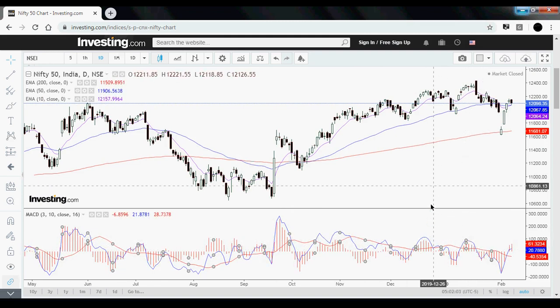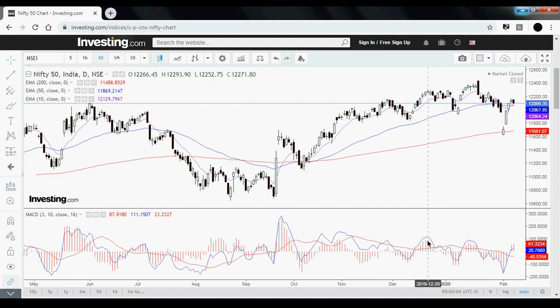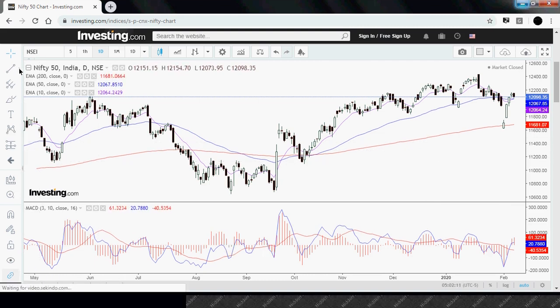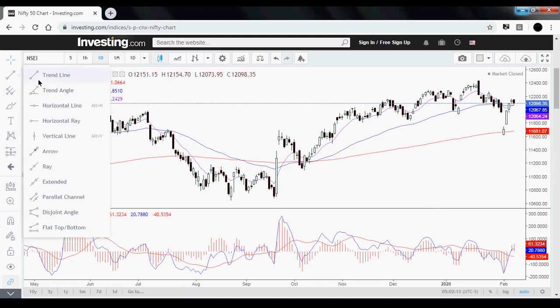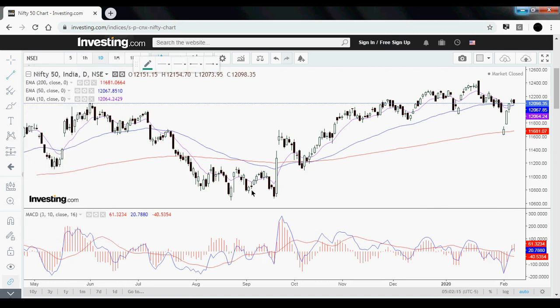See here, this is a negative divergence. We'll try to plot that so that we are clear about what I am trying to say. If you see here, this is a lower high in the momentum, and the price has made a higher high.